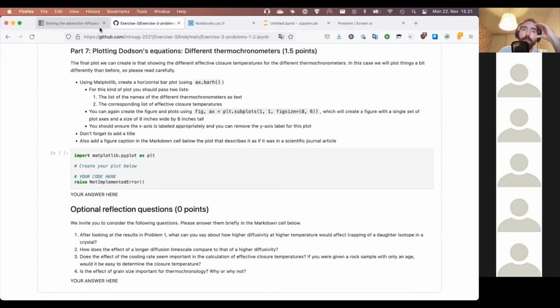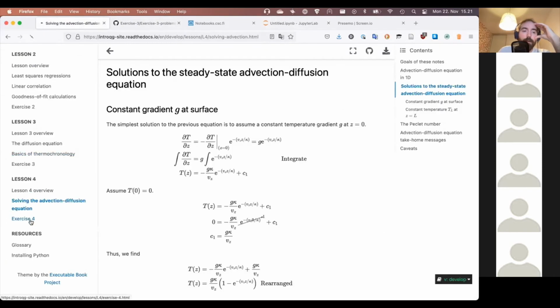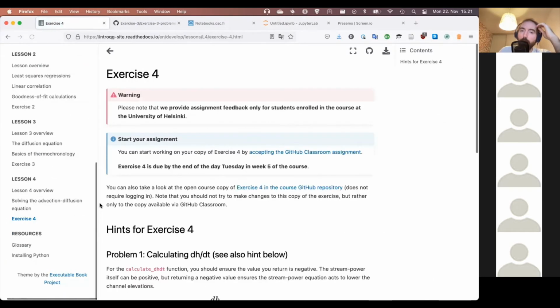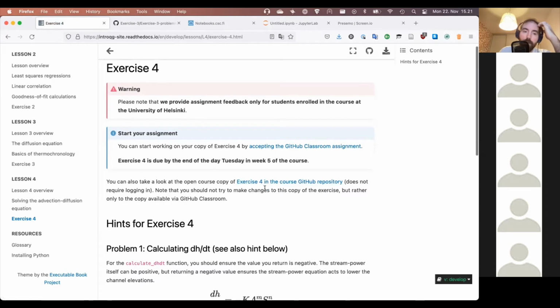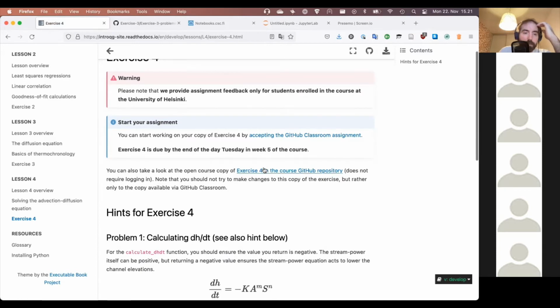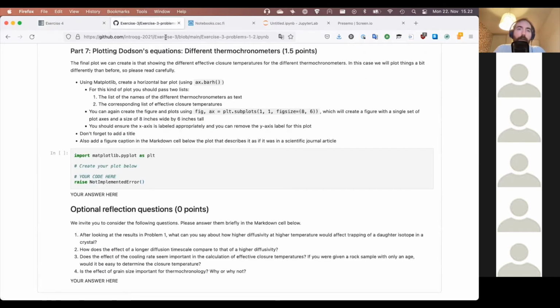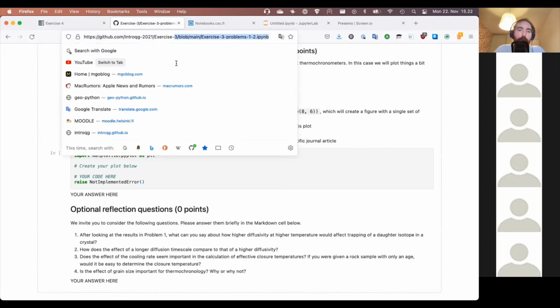That would be great. I'm going to go here now to exercise number 4. And I will once again make this available on the regular course page in just a moment once we finish up class. This is actually looking like it's still the old exercise. It is. So the link is not yet updated, but no worries.